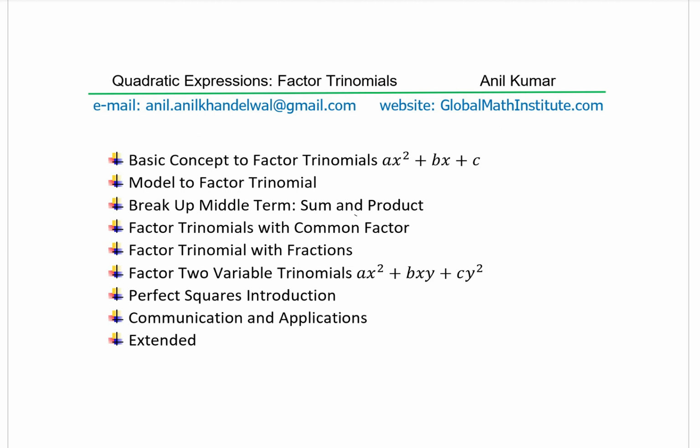That breakup is done with the help of sum and product. We had a few examples where a common factor could be taken. We also came across a situation where we had two variables x and y, and then we had an extended question where we figured out how to get a product of 14, for example.